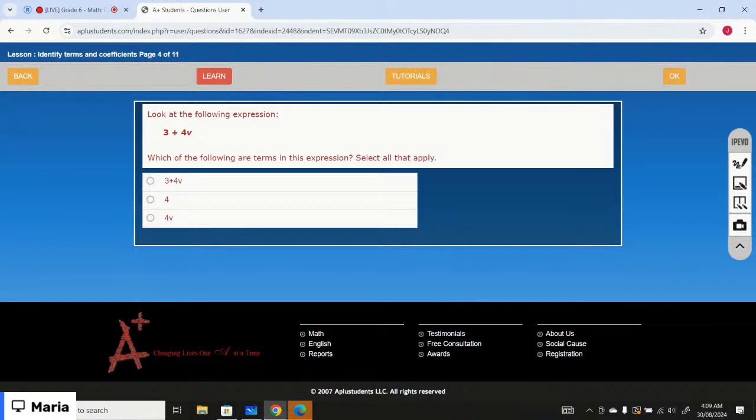Look at the following expression. Which of the followings are terms in the expression? So which is the correct option? You are given three of the options, right? 3 plus 4v, 4 and 4v. So which is the correct option?